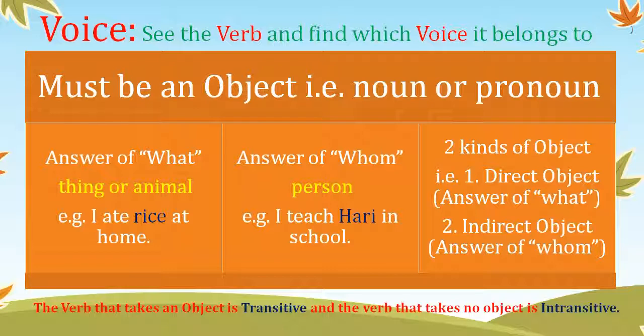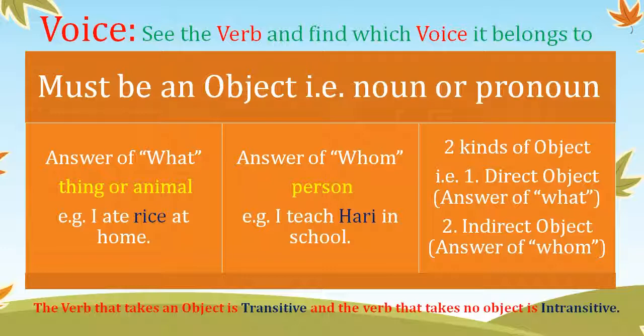So the kinds of verb also, there are two types according to the object. They are transitive and intransitive verbs.